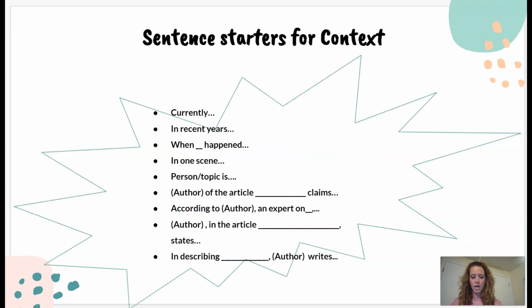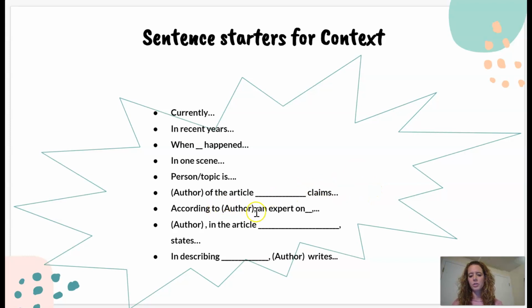Okay. On the last slide I have for you today, I have some ideas for sentence starters for context. These first 3 or 4 are kind of like what's happening in the book, maybe what's happening in the world that kind of sets the stage for this piece of evidence. You could start there. Other ones are including the author. So author of the article blank claims what? And then add in your quote, your piece of evidence.